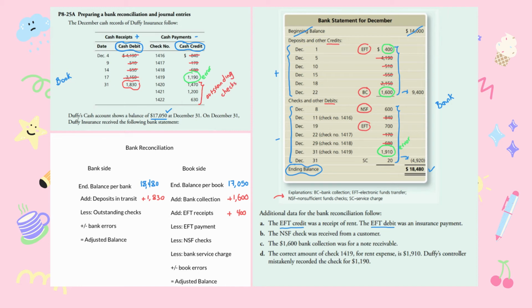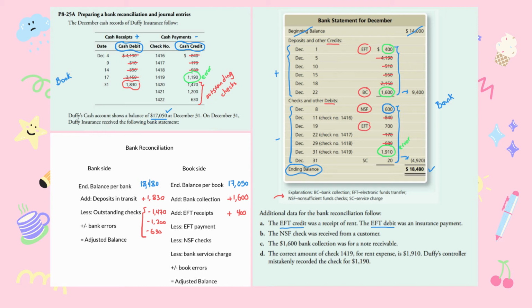Okay, I need to write them down here beside the outstanding checks. Minus 1,470, minus 1,200 and minus 630. On the other hand, there were transactions recorded in the bank, not recorded in the book, like the 600 non-sufficient fund check.